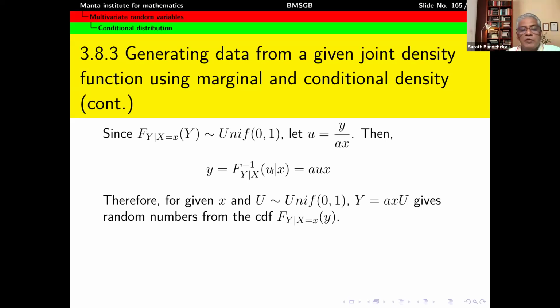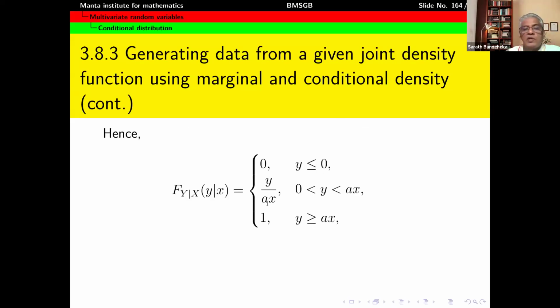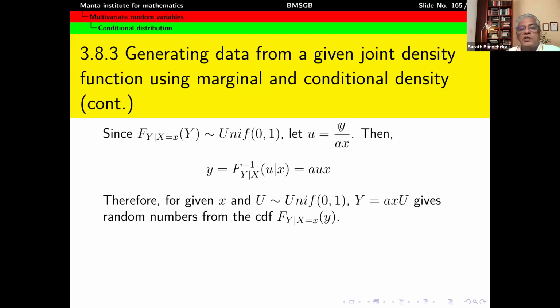In that case, it's going to be simple y divided by ax. So let's say u is equal to y divided by ax. Then y will be equal to u times a times x. So therefore, that will be the inverse function evaluated at u. Right. So y is equal to the inverse of this function evaluated at u given x. That is equal to aux.